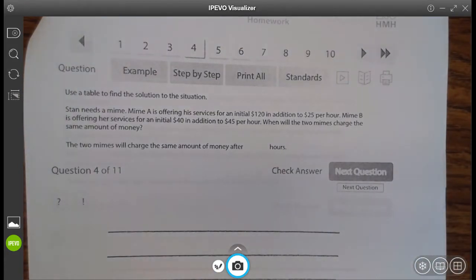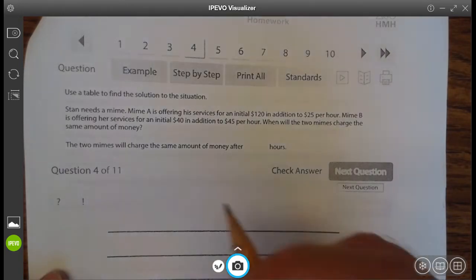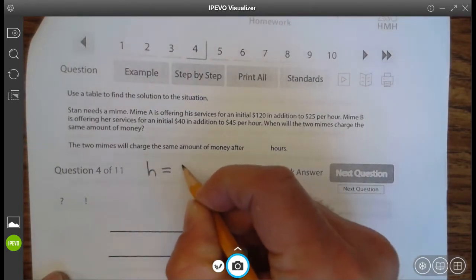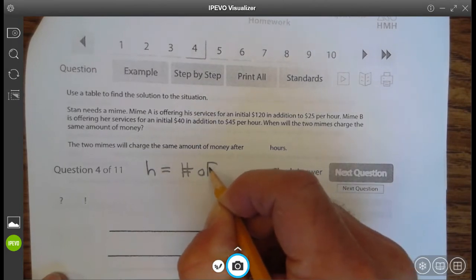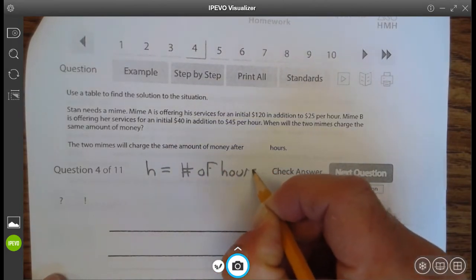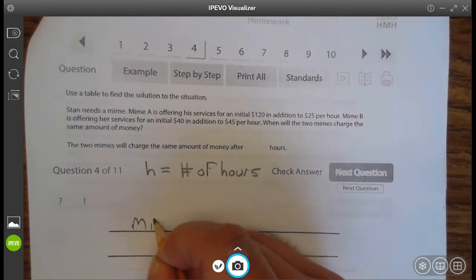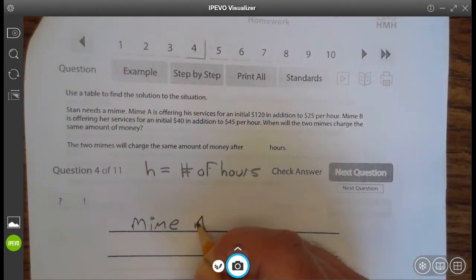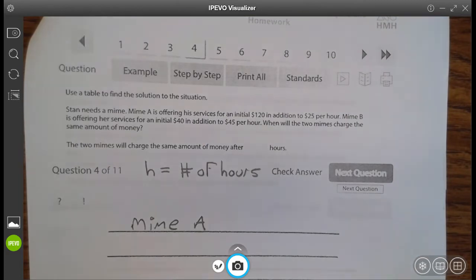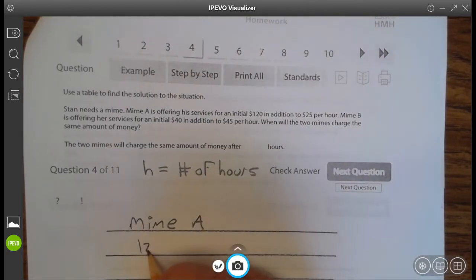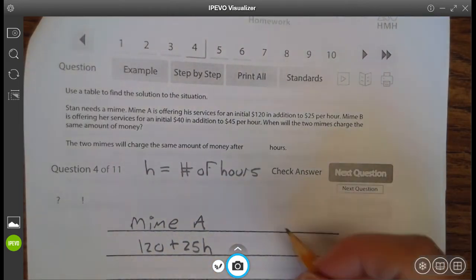All right. Stan needs a mime. Mime A is offering his services for an initial $120 in addition to $25 per hour. So again, H is our number of hours. Okay, so we have mime A is offering a service for initial $120 plus $25 per hour.